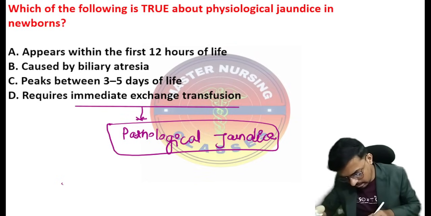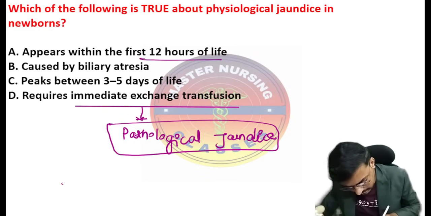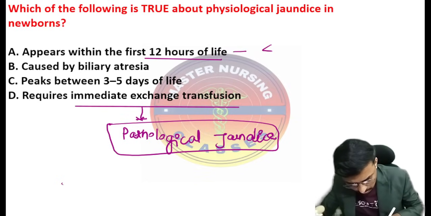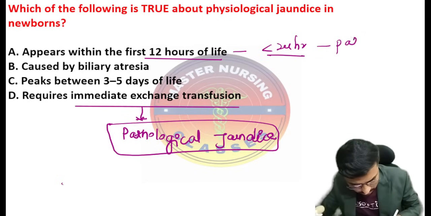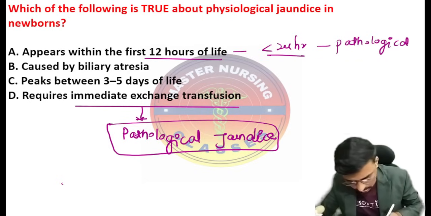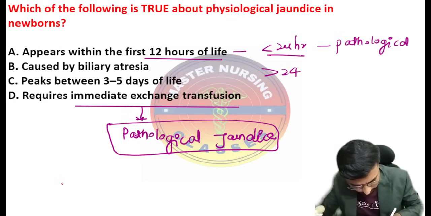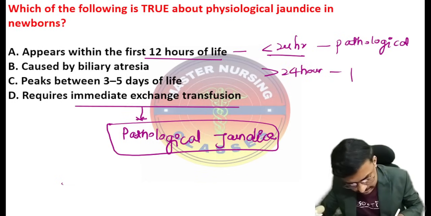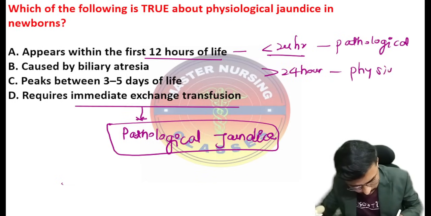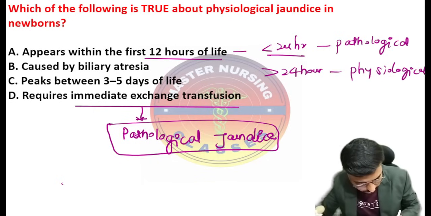Then, regarding appearing within 12 hours of life: if the jaundice comes within 24 hours, that is pathological. If the jaundice comes after 24 hours, that is physiological. Do remember the golden words.